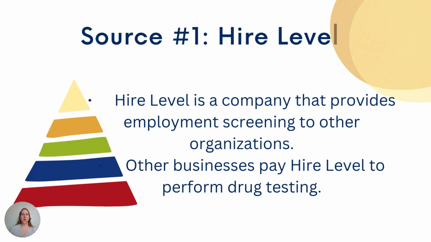The first source we're going to look at is called Higher Level. Higher Level is a company that provides employment screening to other organizations. In other words, Higher Level gets paid by other businesses to perform drug testing.